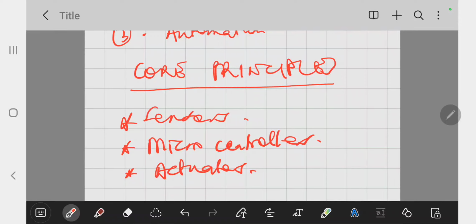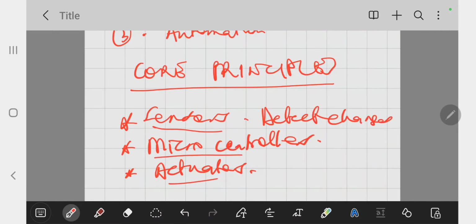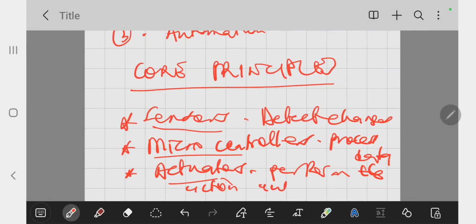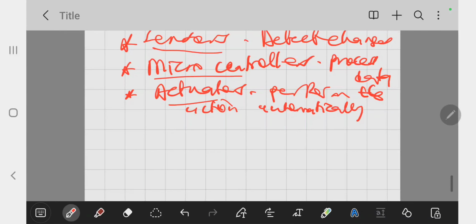So for sensors, these basically, you may have an idea, they just detect changes. Then when you talk about microcontrollers, these process data. That's their job, just to process data. And then actuators, these are the ones who now perform the action automatically. That is the job of actuators.